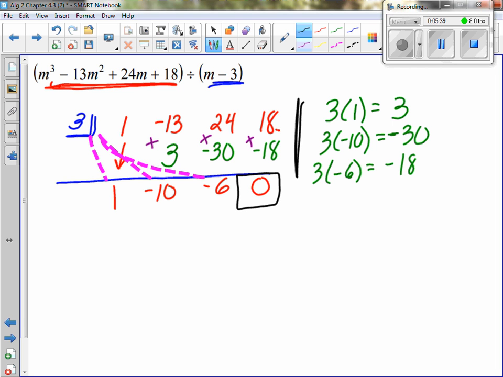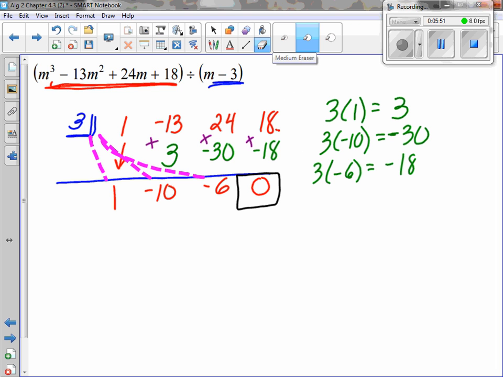Once we hit the last number in that row, we're done. If there had been a number up here, then we would have kept going. But since 18 was our constant number in our equation up here, and we already finished that, we're done. So we don't have to add anything on. Any other questions?